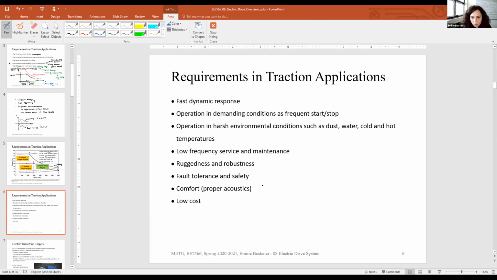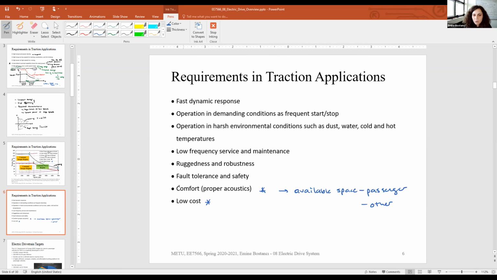On top of that, you check for comfort, not just the proper acoustics, but also the available space in the vehicle, available space for the passengers and also for luggage, for carrying stuff, for other things.